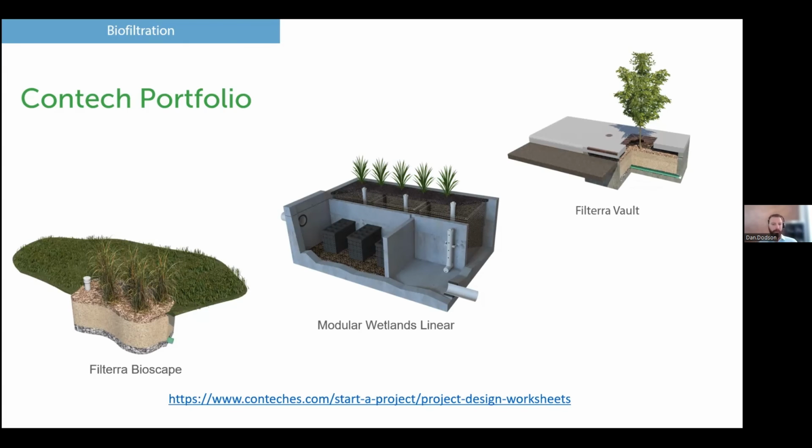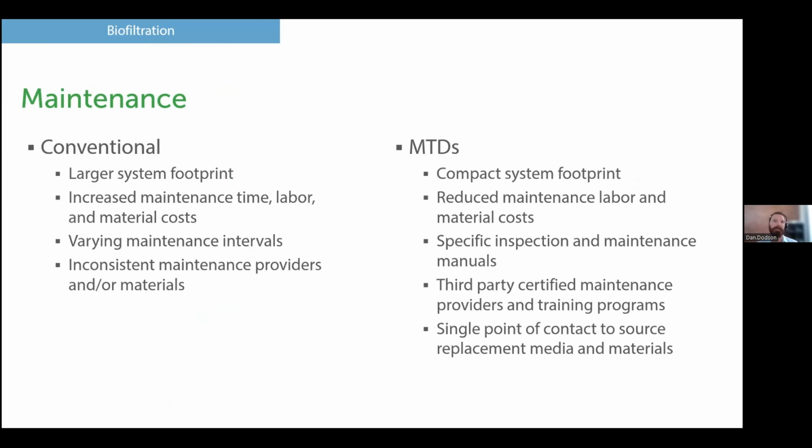Now, there's one area that we've touched on, but have yet to focus on for all of the different systems that we've talked about, and that, of course, is the maintenance aspect.